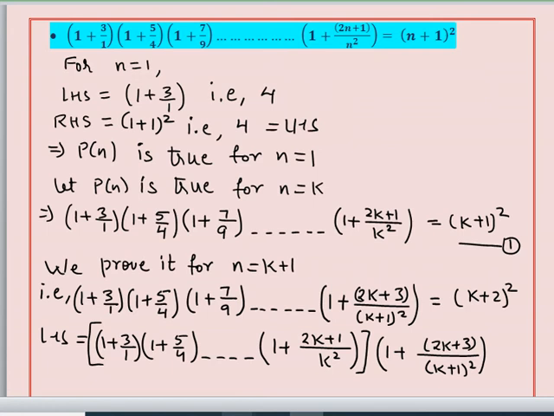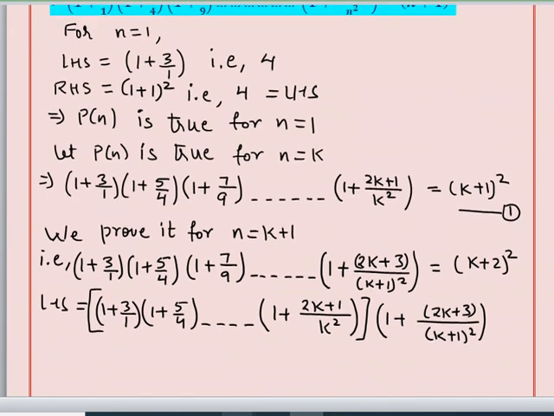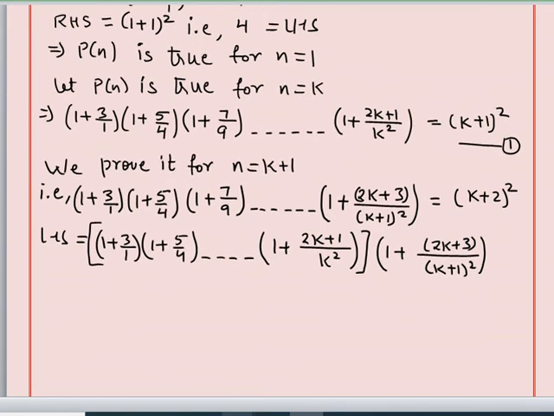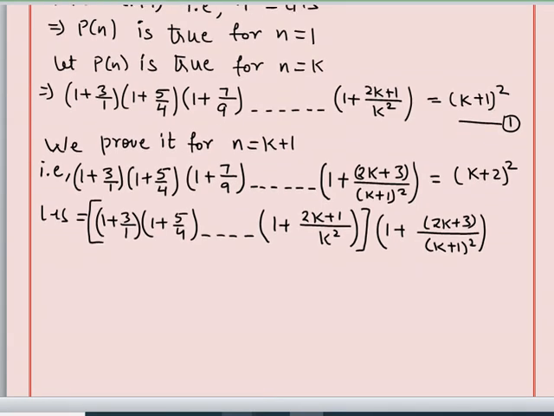So we'll begin with the left hand side. Writing the terms in the left hand side, you can see I have written the product of all the terms which we have here. Moreover, we have written the second last term also. If this is the last term now, when n is k plus 1, then just before it will be the kth term, which will be this one.